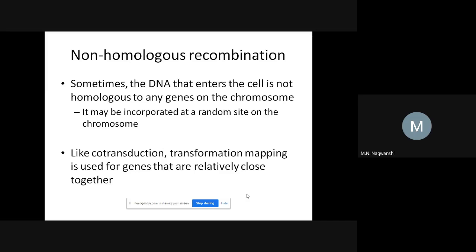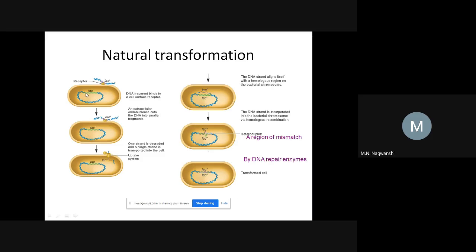It means when there is no complementary part present in the bacterial chromosome, then this foreign DNA material is adjusted inside the chromosome randomly at any site. The site is not fixed. Here, in the earlier example, the site was fixed. Lac minus was the nearly homologous part of the chromosomal DNA.